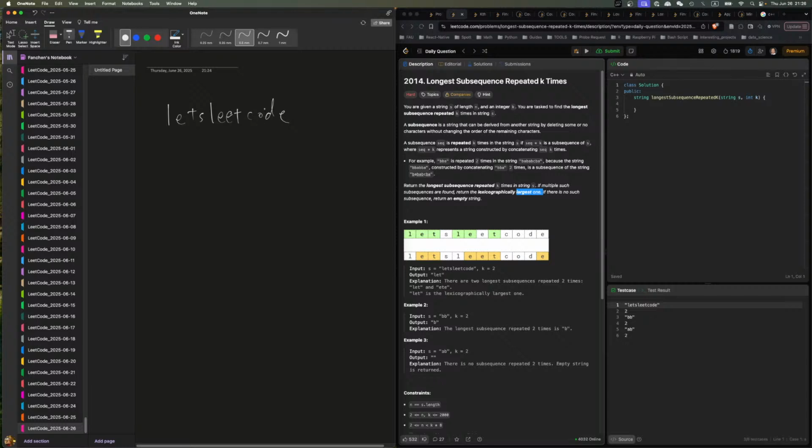So it has to be divisible. Yeah, it doesn't really matter because it's a subsequence, right? It's a subsequence.